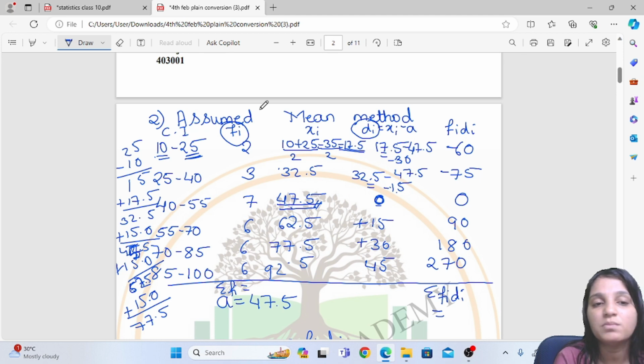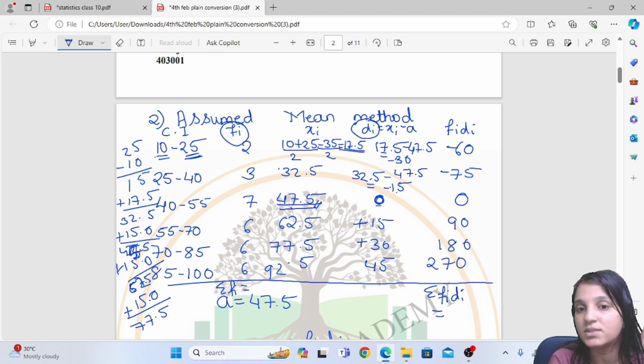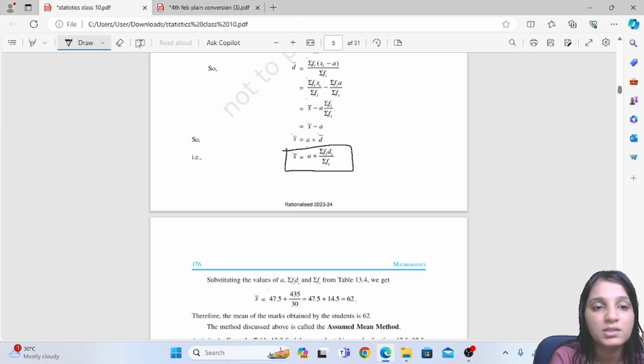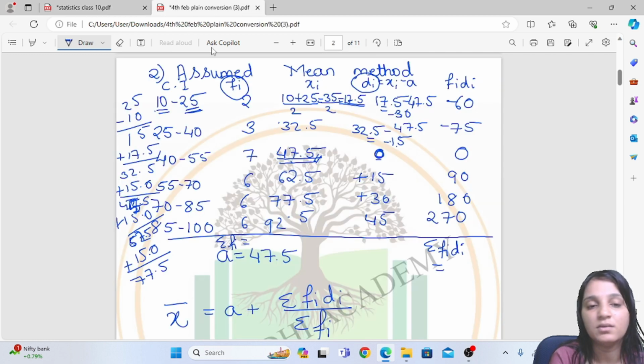Now summation means you will have to add all the terms, and this also, summation means you will have to add all the terms. Now see, this total is given in the question, so summation fi is 30.